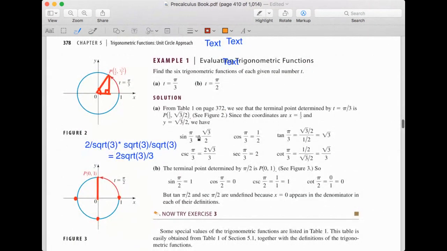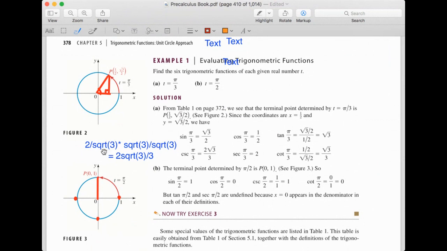So if we know sine of pi over 3 is √3 over 2, then cosecant of pi over 3 is just a flip, right? The denominator 2 becomes the numerator, and the numerator square root 3 becomes the denominator. So it's 2 over square root of 3.